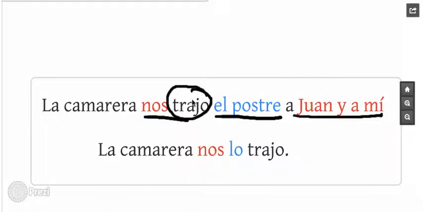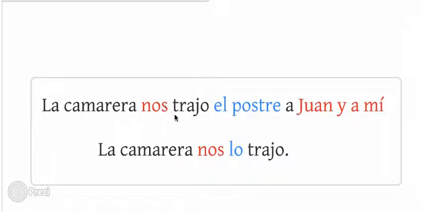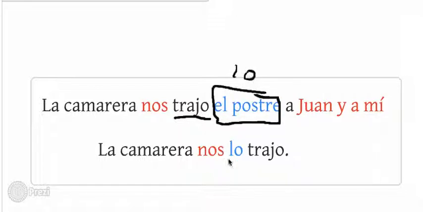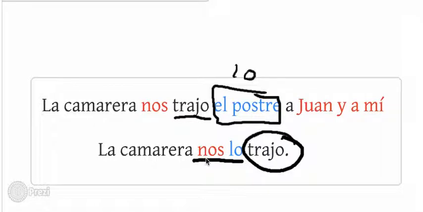To Juan and I. Nos. What brought what? The dessert. Lo. Okay? Both of them are before the conjugated verb. We put the indirect object pronoun first and the direct object pronoun followed.